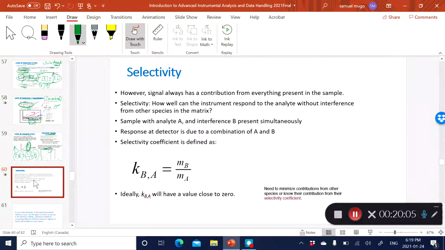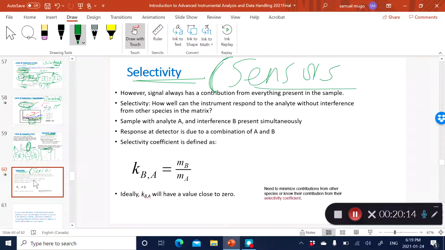The other type of figure of merit is selectivity, and this is very important when you're doing your sensor work, and some of you are doing that for your projects. Selectivity refers to the ability of the instrument to respond only to the analyte while being blind to the matrices. It's not being interfered with by the matrices.